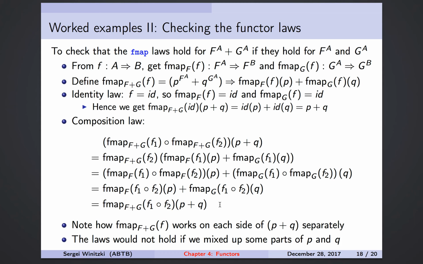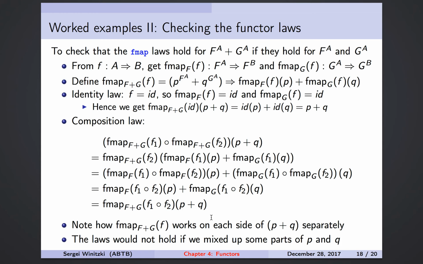So I suggest you go through this computation yourself and check that for any value of P plus Q, because there's only P or only Q in that disjunction, you always return exactly this. So the law holds.